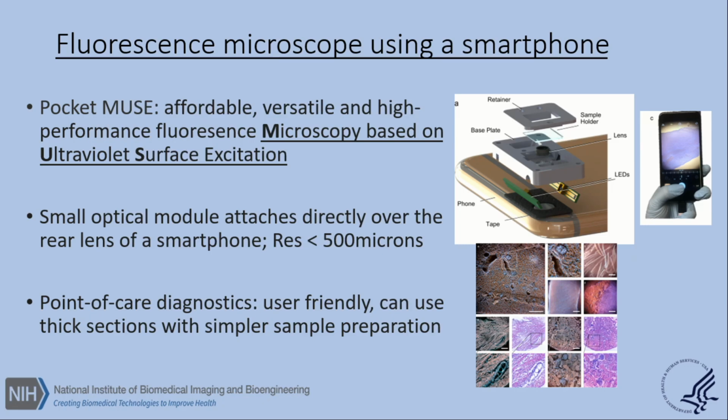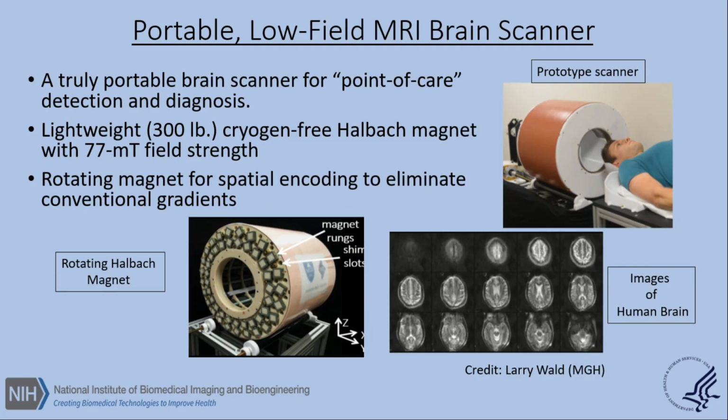You can just cut even a 0.5 millimeter thick sample, and then you can get the kinds of images that are shown over here right into your smartphone. If the person doesn't know how to diagnose it, obviously you can send it to your local hospital. So these are the kinds of things that we try to encourage in terms of use in places that have less access to medical care.